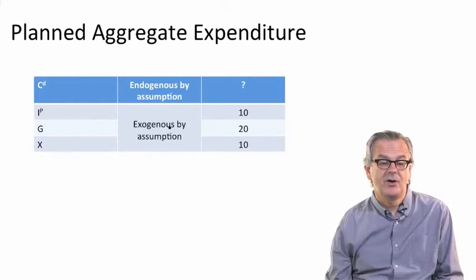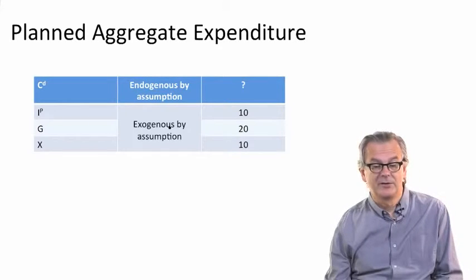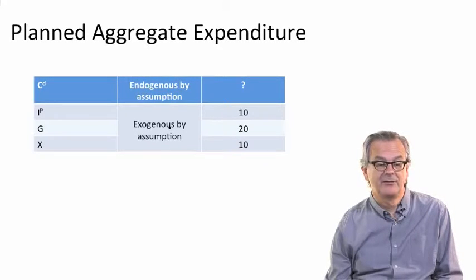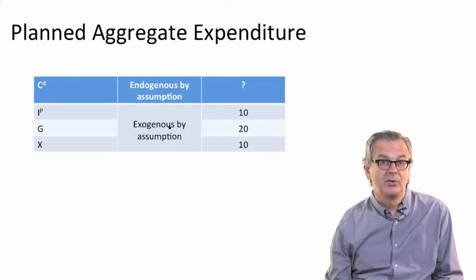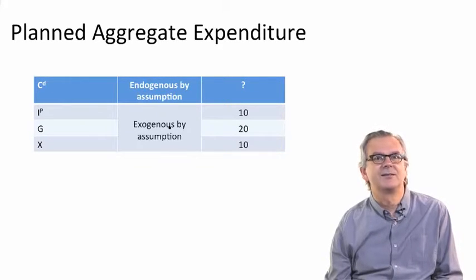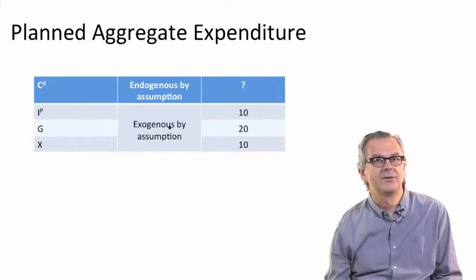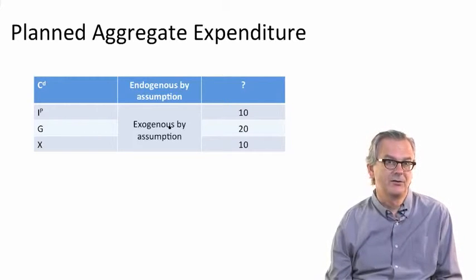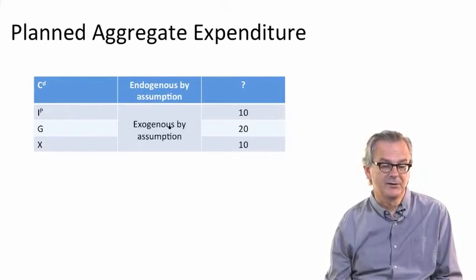Now I'm going to focus on the bottom three rows of this table: planned investment, government expenditure, and exports. I'll remind you that an important assumption is that firms are the only sector in this economy where it's going to be possible for planned expenditure to differ from actual expenditure. And that's this distinction between planned investment and unplanned investment that I was talking about in the previous slide.